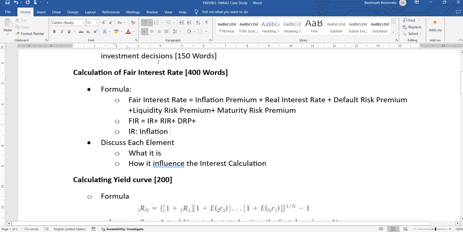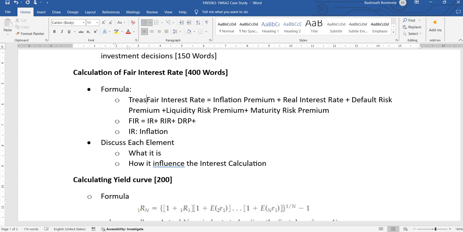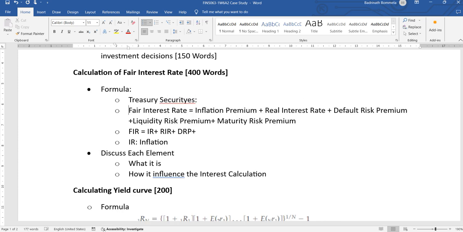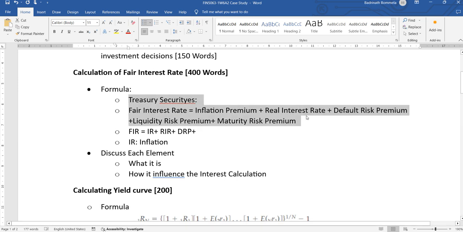While calculating the fair interest rate for treasury bonds, we ignore the default risk premium, and you should mention that in your content. We calculate in two different ways: one for treasury securities, and the second for bonds.